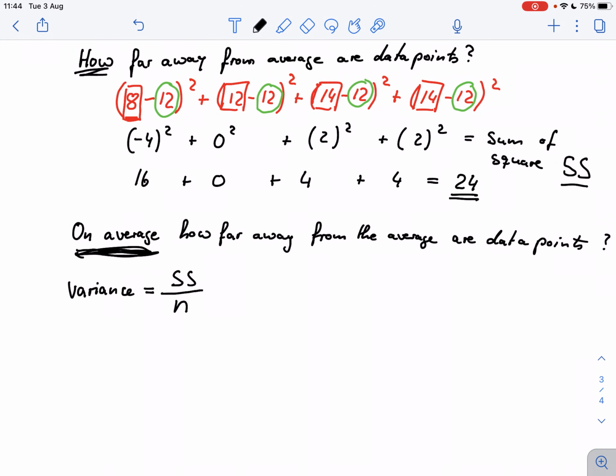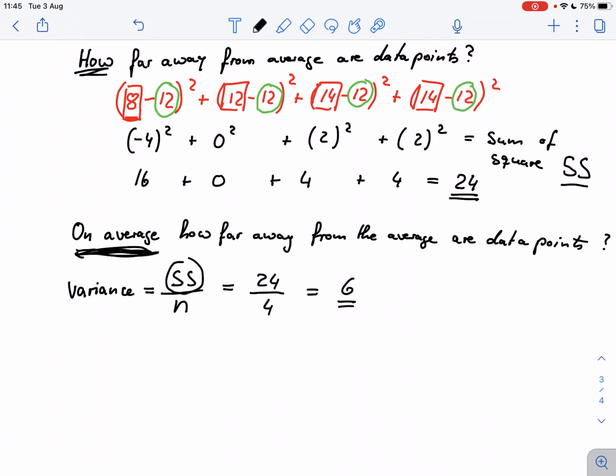And here we do the same thing. We add up, but this time we don't add up the individual numbers. We add up the sum of squares and divide by the number of observations. So here we would get 24 divided by, and we had 4 observations. And if we do that, the variance would be 6.